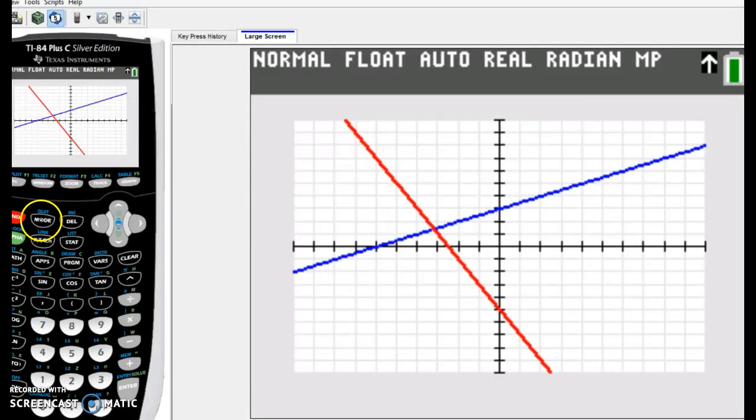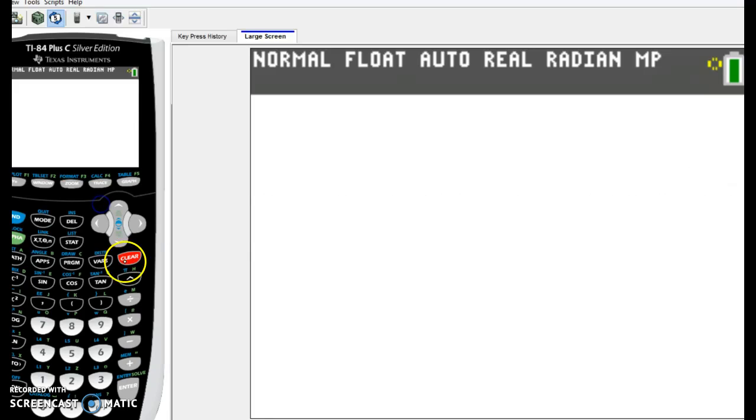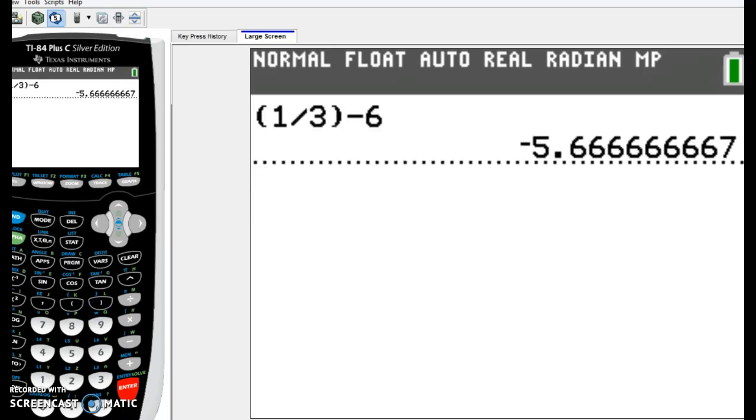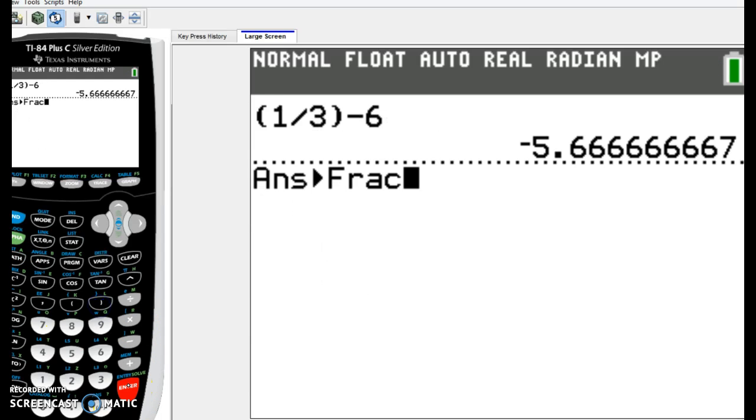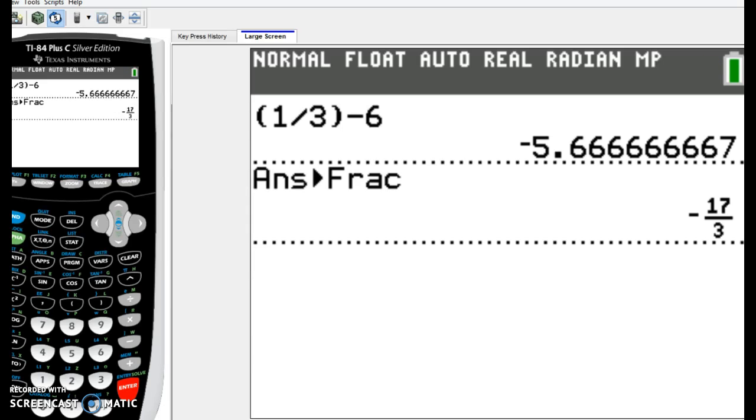Negative 17. That's algebra B stuff. So 1/3 minus 6 will give us a crazy decimal. To change that decimal back to a fraction on this calculator, math button, enter, enter, negative 17/3.